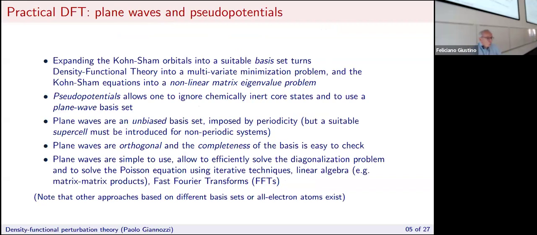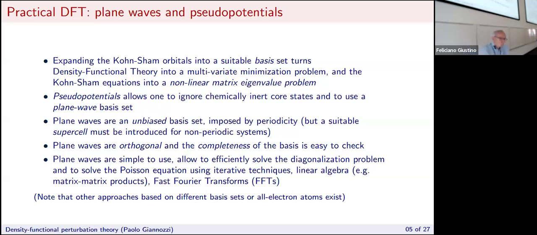Now, in practice, what happens? There are several ways in which you can solve Kohn-Sham equations in practice. The one I know better is based on plane waves and pseudopotentials.